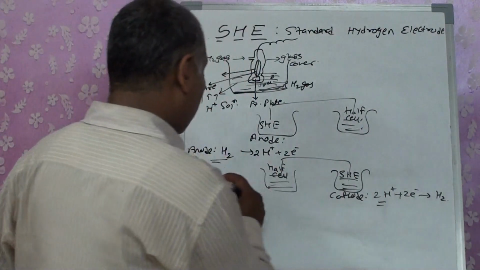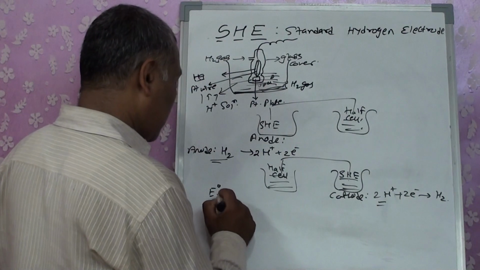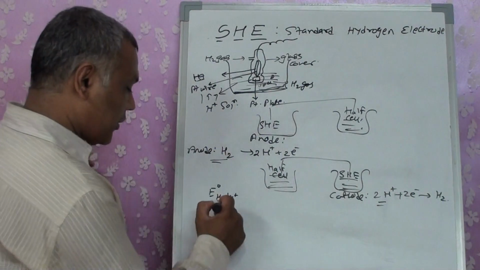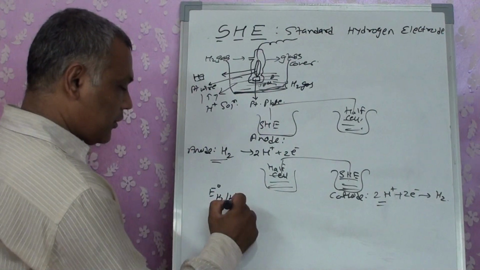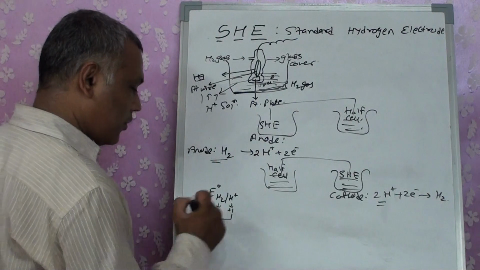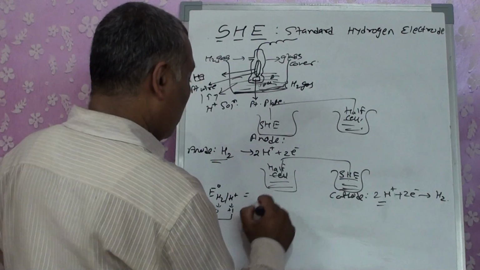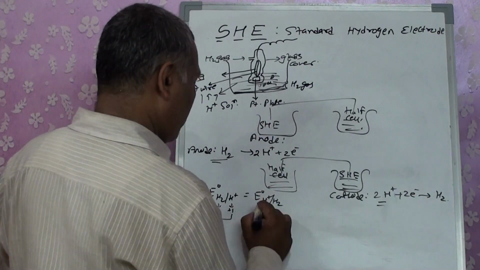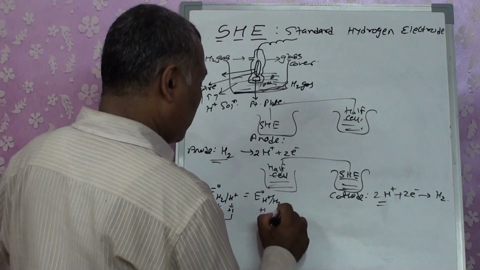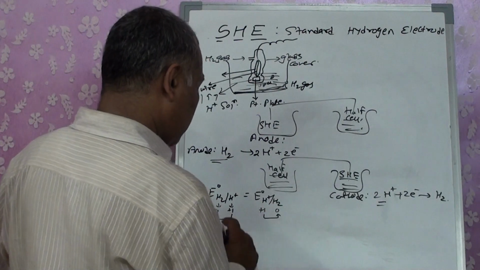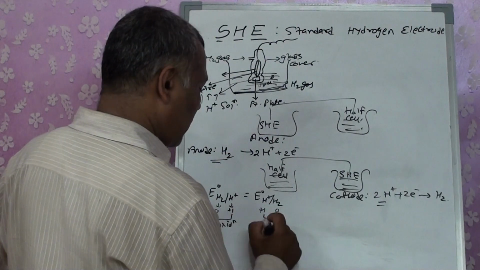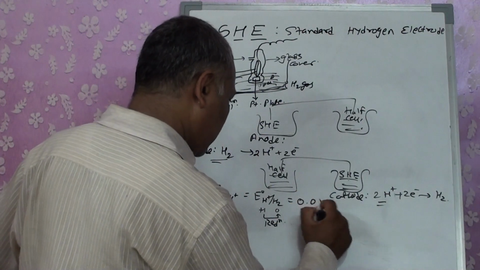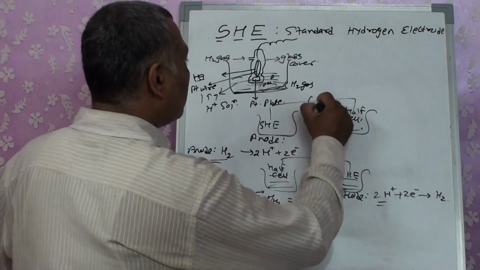At the same time, the potential of the cell: whether I write H2 to 2H plus as oxidation, going from 0 to plus 1, or I write E naught of H plus H2 as plus 1 to 0, a reduction, the potential is considered to be 0.0 volt.